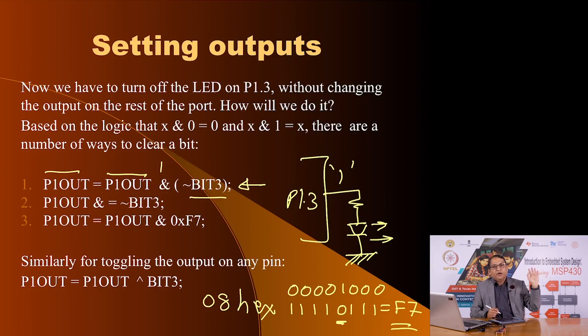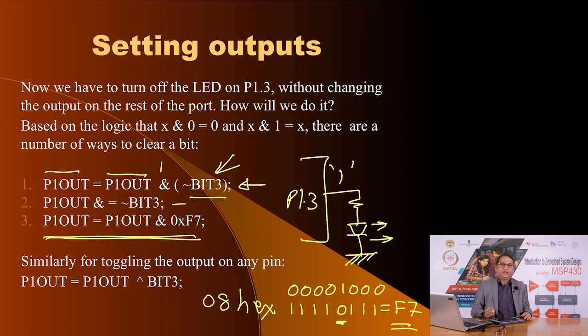It will retain the information on the rest of the 7 pins and only make port 1 bit 3 equal to 0. Another way of doing that is this, and the third way is to explicitly mention that you want to AND P1OUT with F7, which of course you got using inversion of BIT3 also.